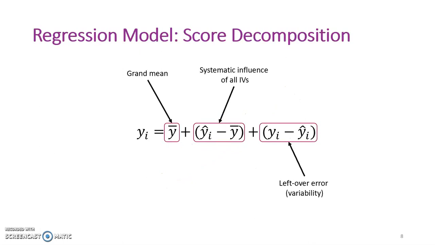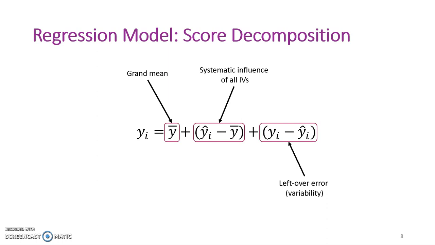So now let's take a look at the regression model and look at how the variability is represented in this model. Essentially, what this equation is showing is that a single observed score is composed of the grand mean, which is the mean of y, the difference between the predicted score for y and the mean of y, which is the influence of all of the independent variables taken together, and then the leftover error variability.